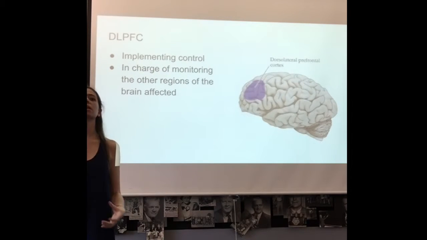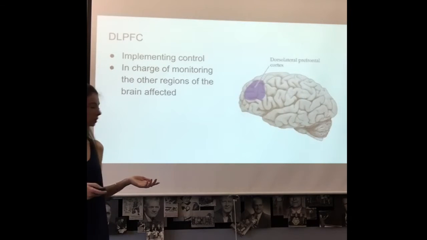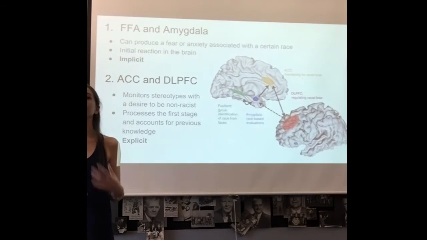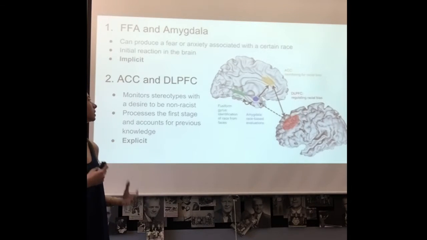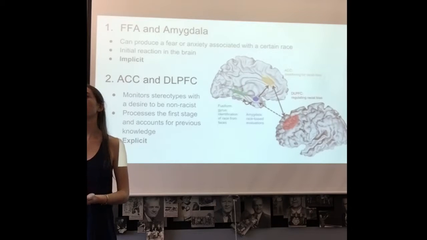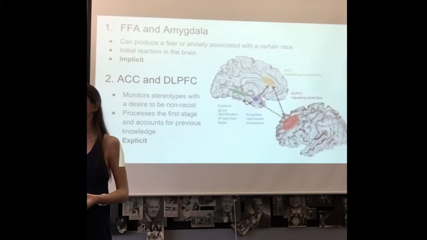So what it does is it monitors the rest of the regions of the brain. So the ACC, monitoring conflicting information, and the DLPFC, executive control, combine to create the second stage of processing racial stimuli. What this stage does is it takes the fear and anxiety produced in the first stage and it filters it. It monitors it and it produces an explicit result.